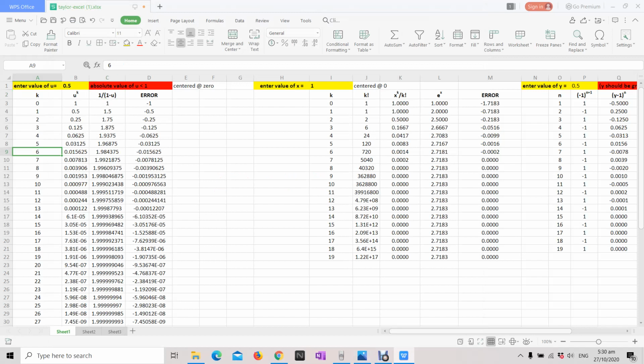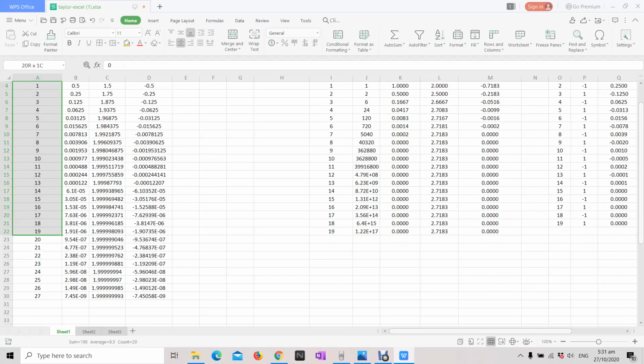So you can see in our Excel that the first column is composed of the corresponding values of k, the second column is composed of the corresponding values of u raised to k, the third column is for the approximation, and the fourth column is for the errors, which is the difference of the approximation and the real value of the function.